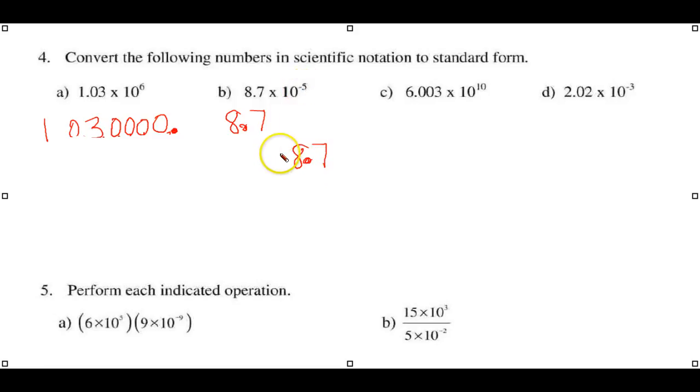So there's 1, so I need 4 zeros here. So I start to move it. 1, 2, 3, 4, 5. My decimal place goes there, and I usually add a 0 to anchor that decimal place here. Take this one away and take these away here.